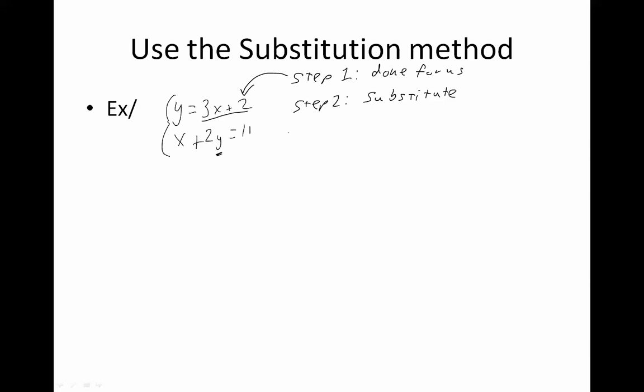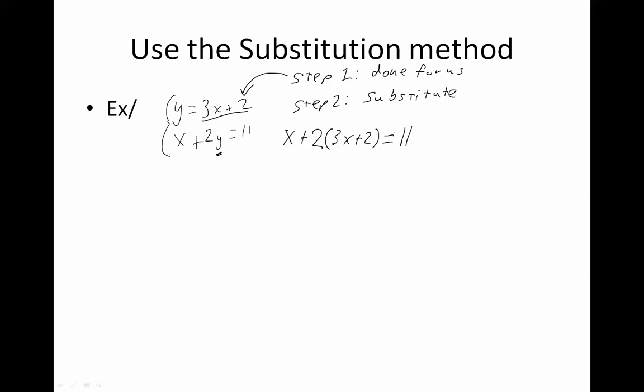So let's rewrite the equation with that substituted in. x plus 2, but instead of writing y, we're substituting the thing that y is equal to, 3x plus 2. So that's going to be in parentheses 3x plus 2. And the parentheses are important because it's 2 times y, so it's 2 times everything that y is supposed to be equal to, and that's 3x plus 2.